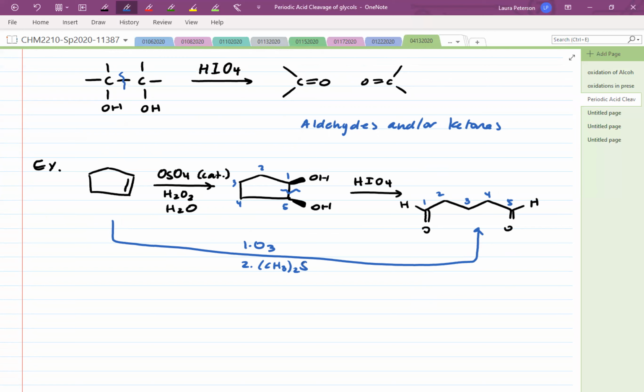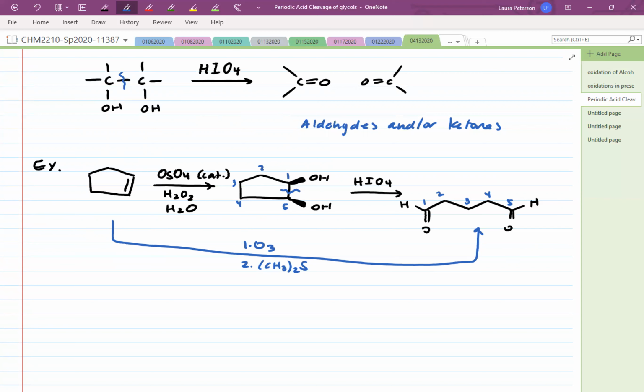So first purchasing ozone and then using it in a reaction. Sometimes it's not feasible for research labs to use that reagent. And so you might use the method above with creating the diol and then doing the periodic acid cleavage, which are a little bit more available reagents that you can purchase from, quote unquote, the chemistry store.